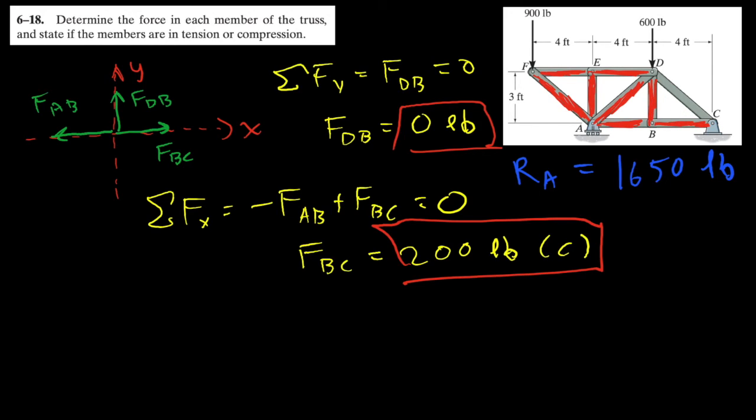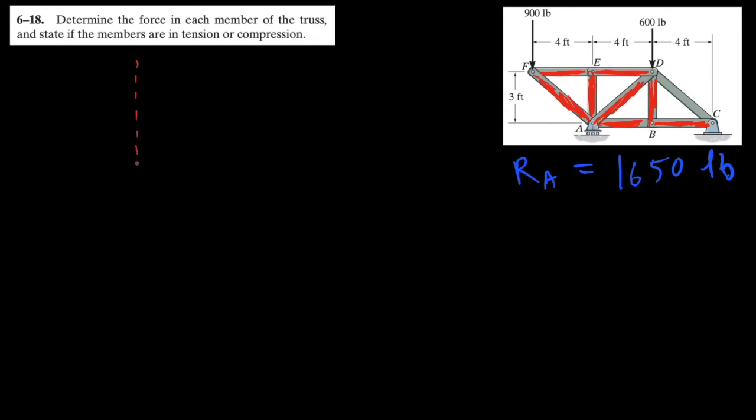We are almost done. The last joint that we will be analyzing is joint D. So again, we have our axes defined like this. And let's draw the free body diagram for joint D. So again, we have our load, 600 pounds. And we have two loads coming from the truss components.